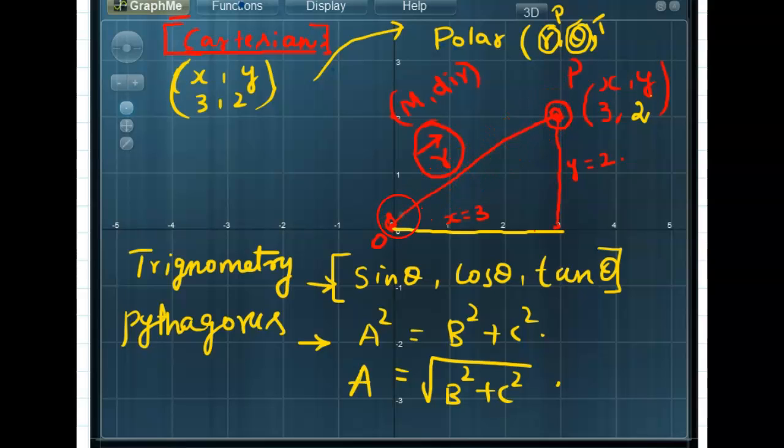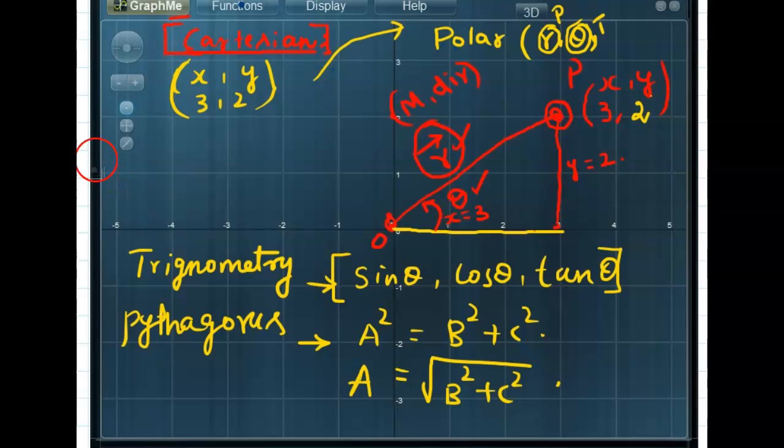The 3 or 3.4, these values are known as the magnitude. Magnitude means size, amount, the value. And direction, direction from the x-axis, I told you. From the x-axis to the line drawn, this angle is the direction. So these 2 pieces of information we are going to find using Pythagoras and trigonometry.